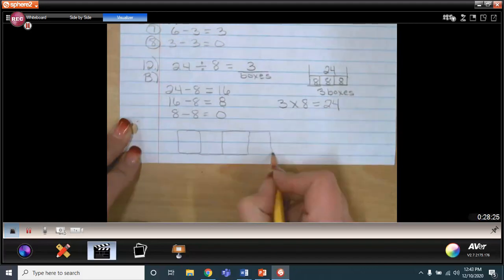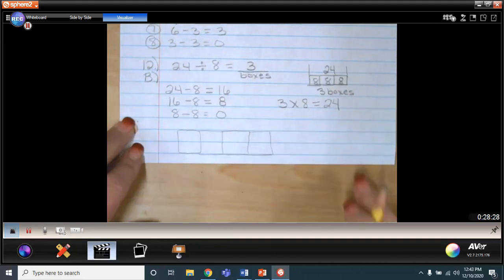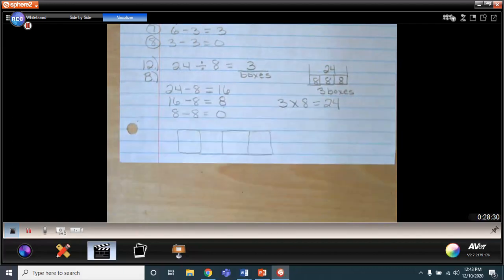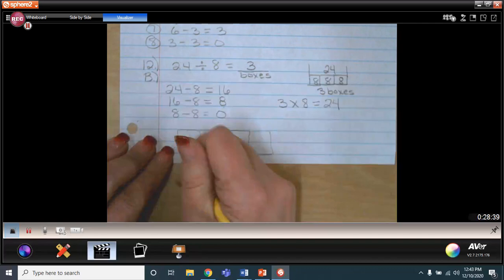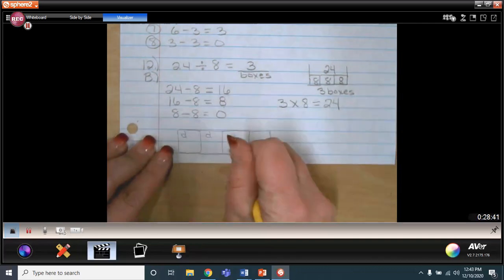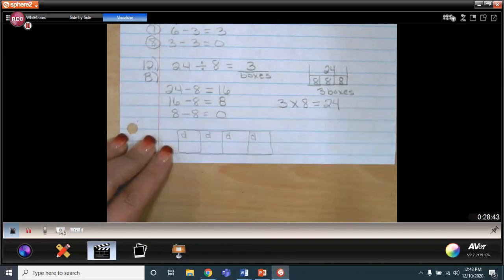So she's got a total, but the total hasn't been figured out yet, because you have to figure out the total flowers. Or you could just put a daisy and a tulip. So daisy, daisy, daisy, daisy, right?